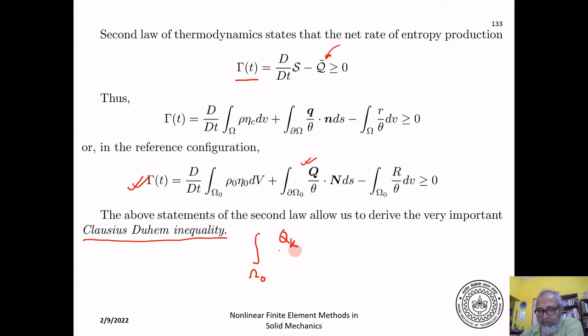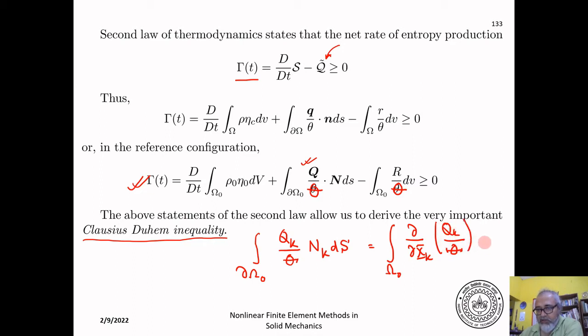To do that, you realize that this is q_k by capital Theta. Sorry, this is capital Theta and this is capital Theta as well. So q_k by capital Theta n_k dS, over the boundary of omega naught. Apply the divergence theorem and you get the derivative with respect to capital X_k of q_k by theta, dV. This you can take the derivative now over omega naught.